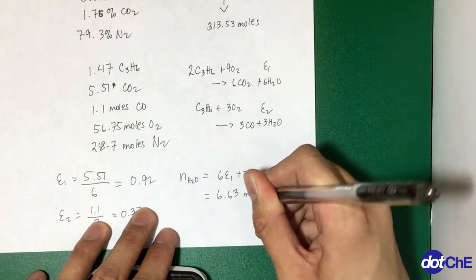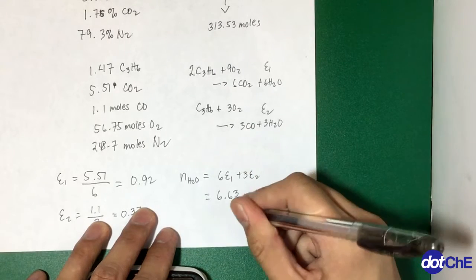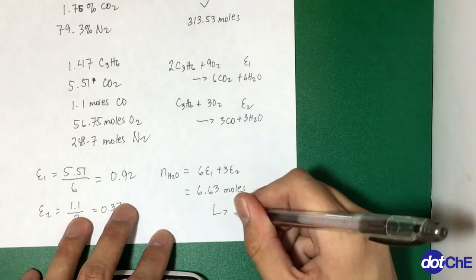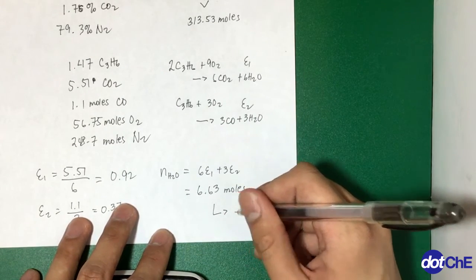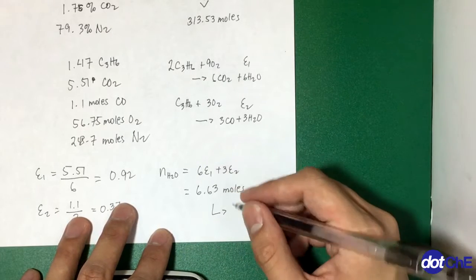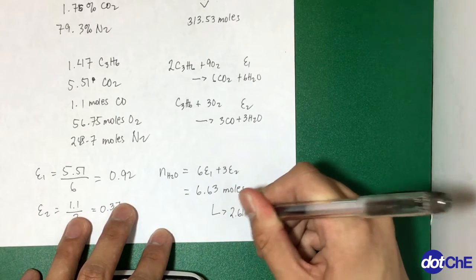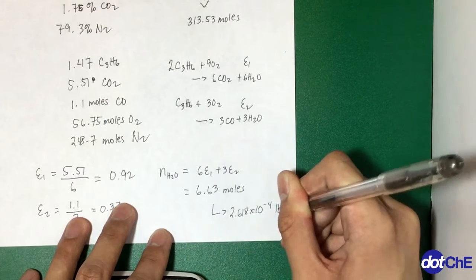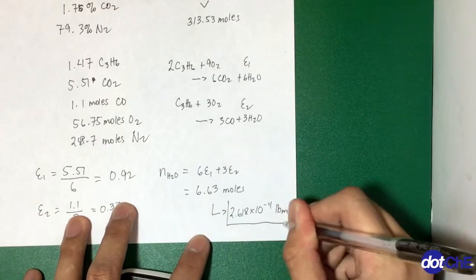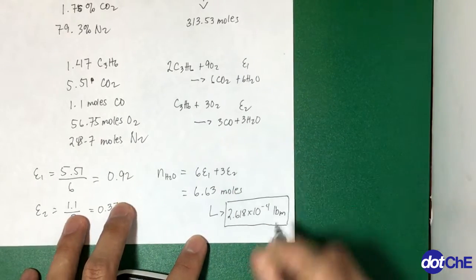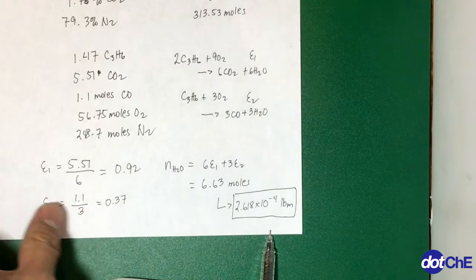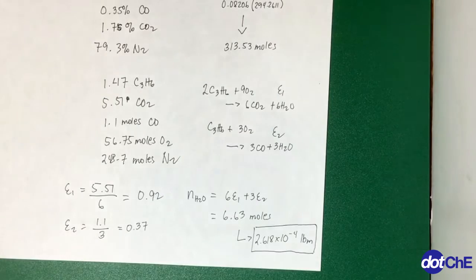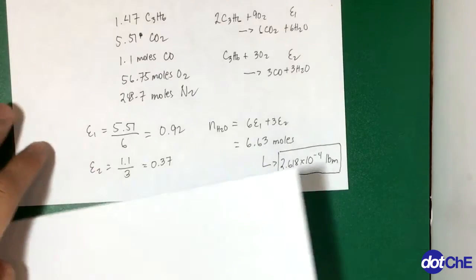6.63 moles, or if we change that to pounds rather, pound mass, we have 2.618 times 10 to the negative 4 pound mass. I'm not going to show in this video how I got it, but this is more or less the result. Now, I'm going to use another paper to calculate the amount of gallons of propene needed.